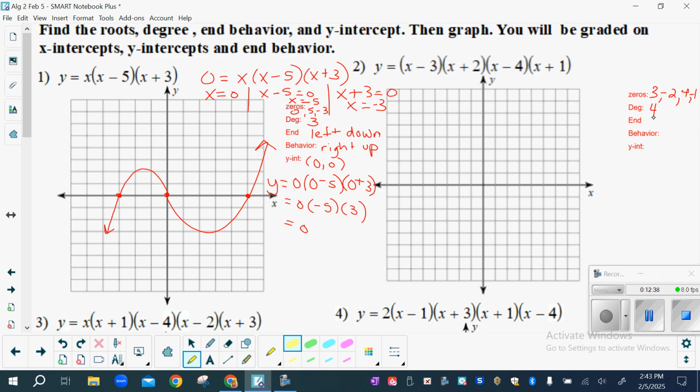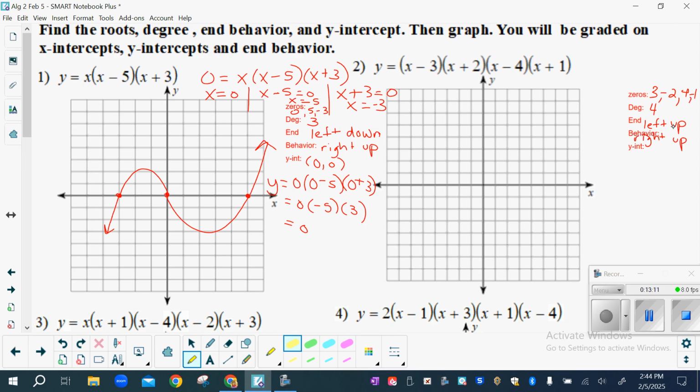Because my A again is positive on this one, right? Positive 1 in the front. What's my end behavior, this group? Left up, right up. Is that clear enough?